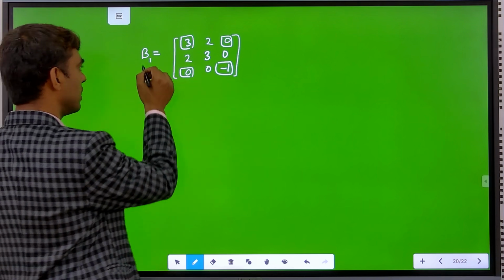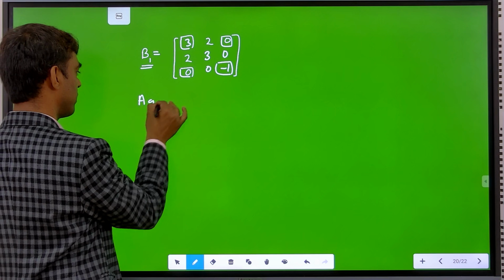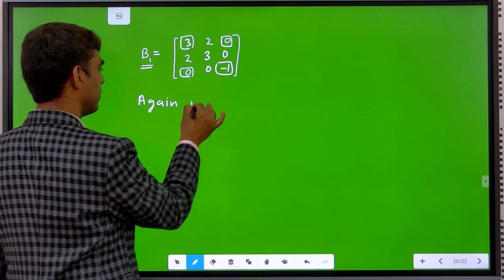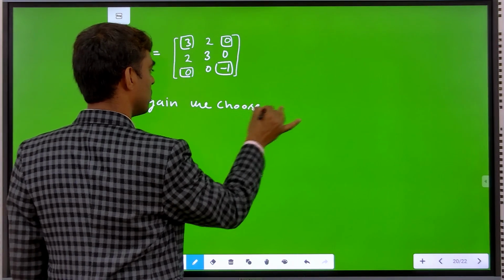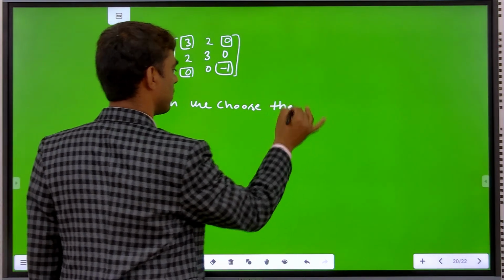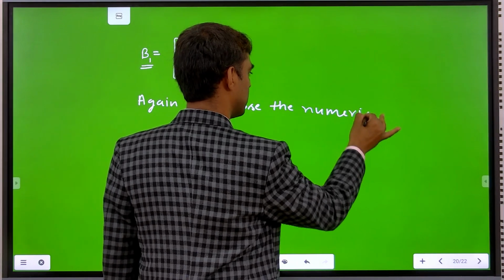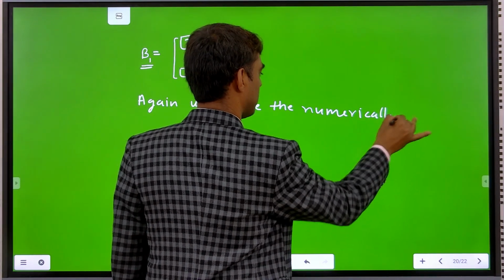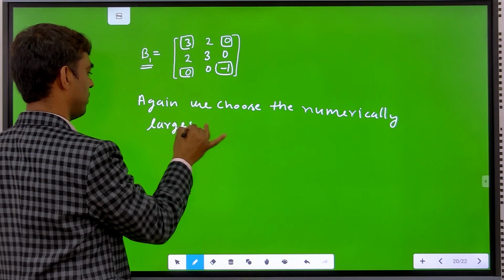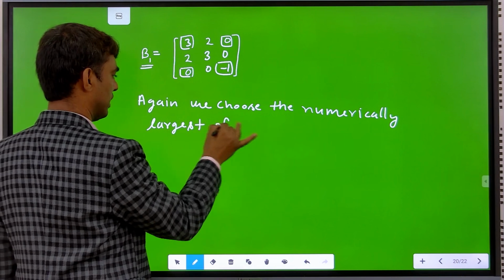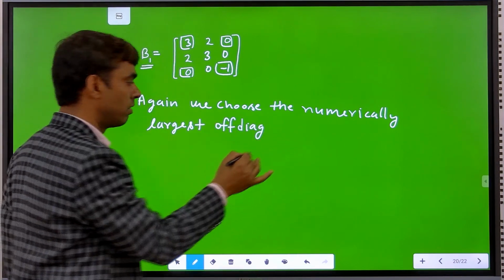Now, in the remaining matrix, again in B1 we choose the numerically largest of the off diagonal elements.